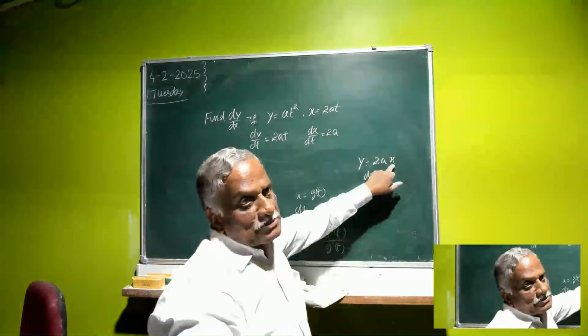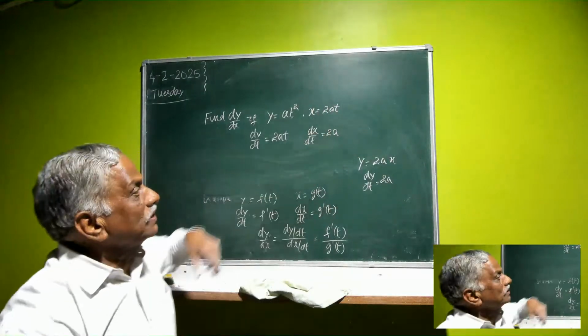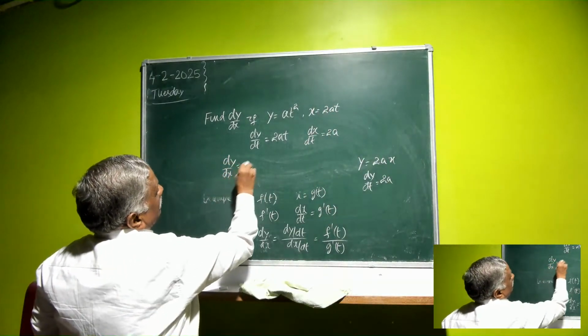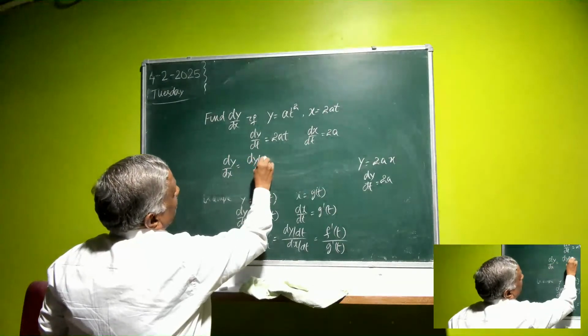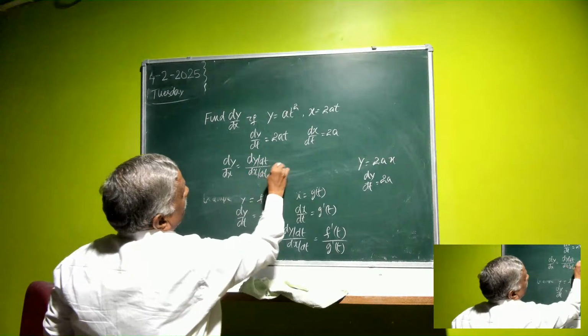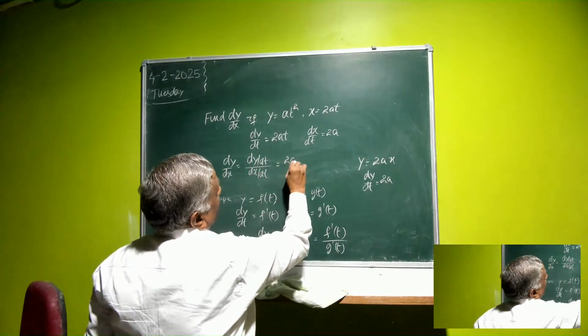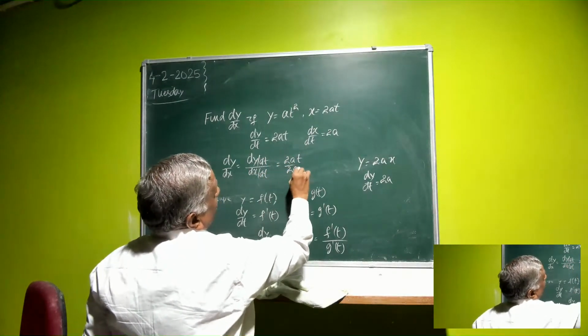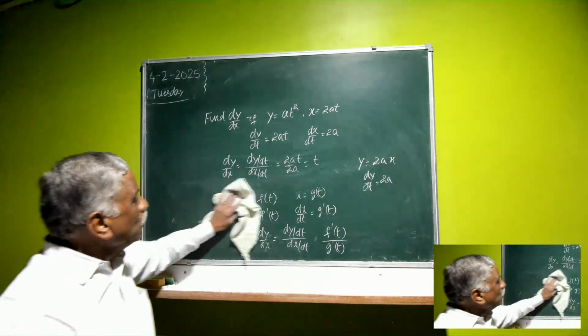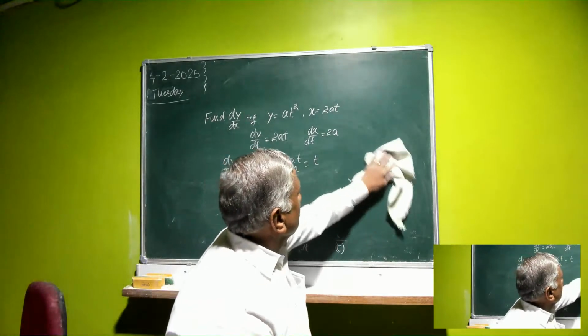Here, x with respect to x is 1, then t with respect to t is 1. We want dy by dx. That is dy by dt divided by dx by dt. That is 2at divided by 2a. Just work one more problem and stop.